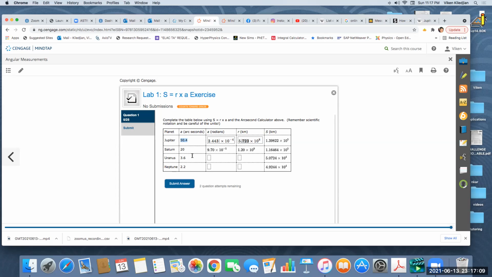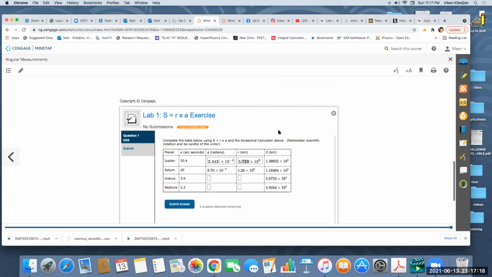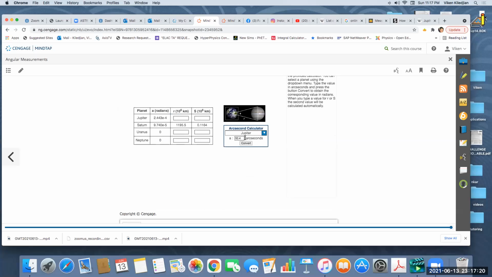Okay, so now we don't have to do Saturn, then we can go to Uranus. So we would take the 3.6, put it into here, 3.6, convert. Oh, no, for Uranus, it's 3.6.